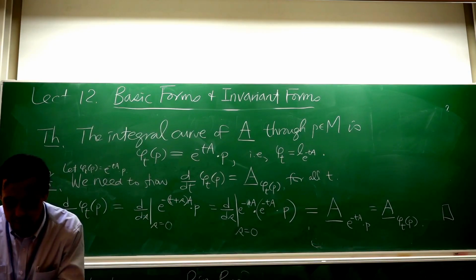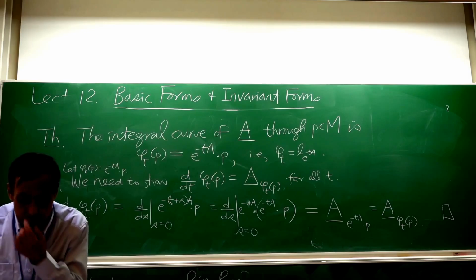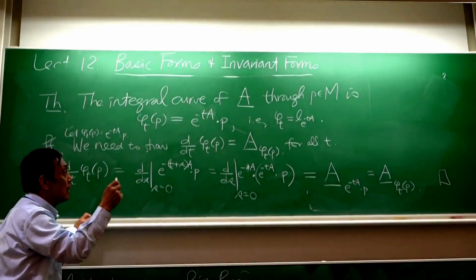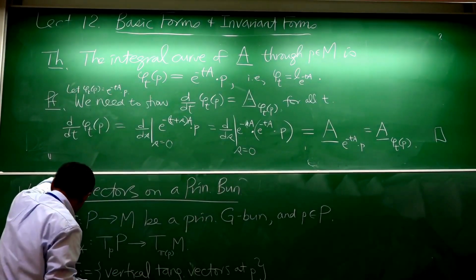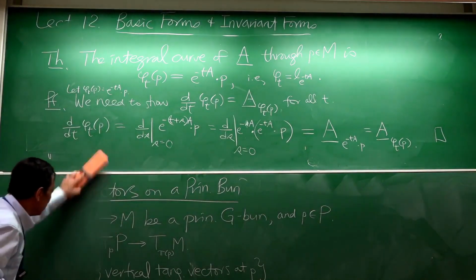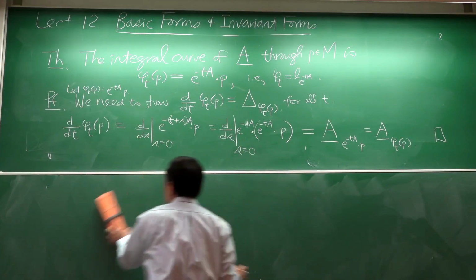Okay. Now, if you have a principal bundle, then the group acts on the total space P. So what do the fundamental vector fields look like? Yeah.